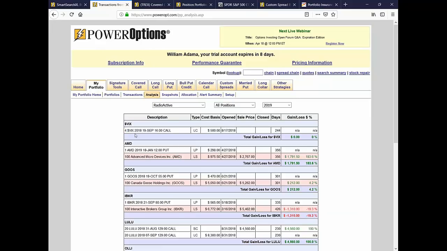Sorry, that might be part of the confusion, but it was in August, my apologies, we put in 4 contracts of a VIX September 16 strike call. $500 cost basis for the 4 contracts was about $1.25, I guess. Okay. But Tom's question is, I see that a VIX position available or popped up on the portfolio.